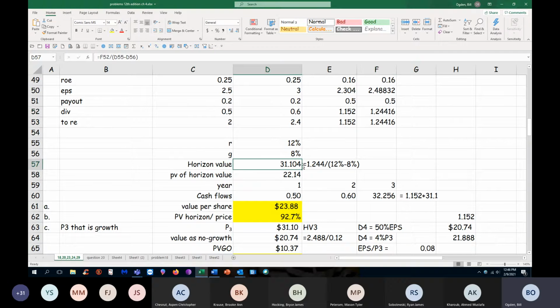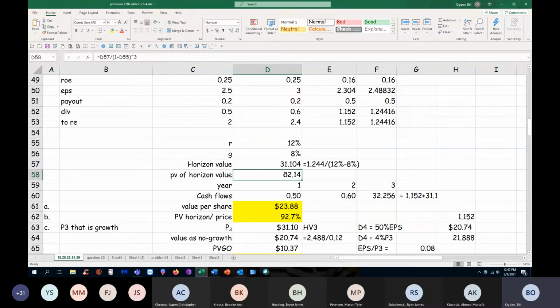All right. So here's my horizon value. It was $1.24, and in class we did 10% minus 8. Here we're doing 12% minus 8. We get 31.104. And then if I take the present value of this 31.104, discounting it back 3 years at 12%, the present value of the horizon value is 22.14.